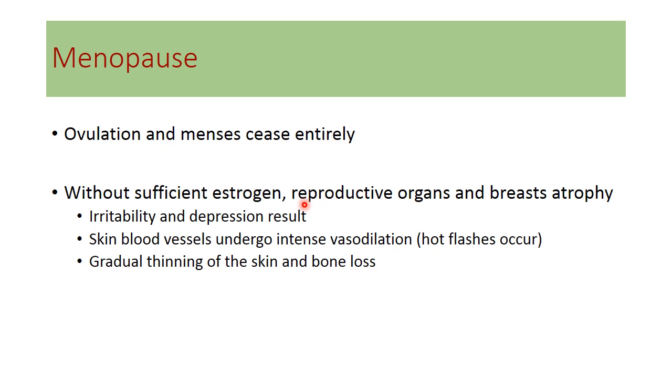As well, estrogen has a protective effect against osteoporosis. So with loss of estrogen, there's an increasing loss of bone, and a thinning of the skin is noticed as well. Estrogen also has a very protective effect against cardiovascular disease, and so we see that women who are premenopausal have a strong protection against cardiovascular disease, heart attack, stroke.